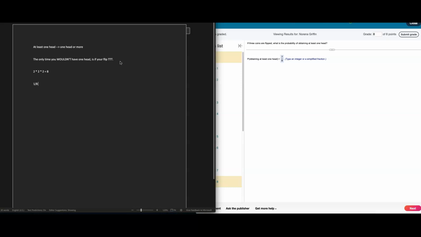So that's your probability of the complement. So then therefore the probability of obtaining at least one head is 1 minus that complement, which is 7/8. Hopefully that helps.